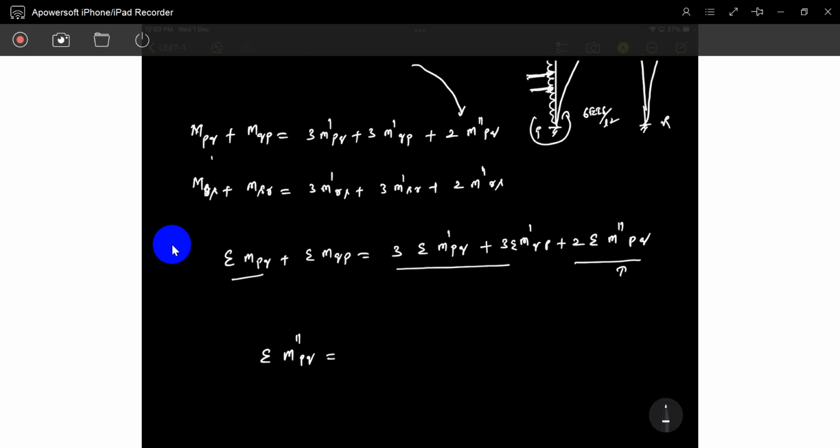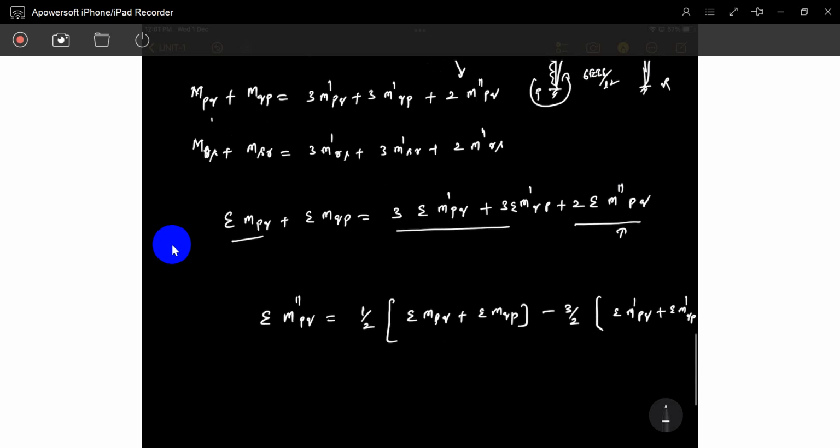This 3, this is just 1. Just think it is 1 by 2, 1 by 2. This is going to be that side, so minus 3 by 2 sum of MPQ, sum of QP.